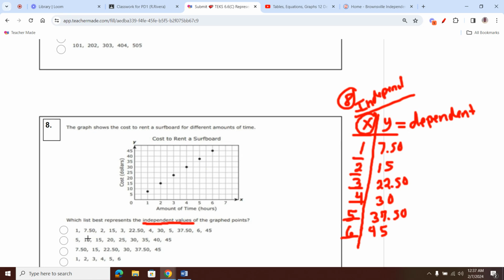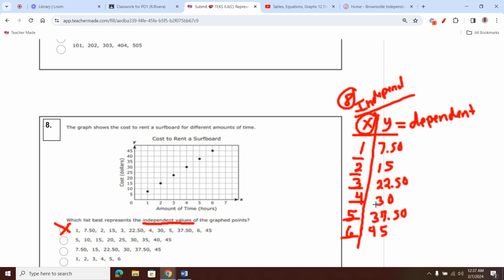So we look at this one. They have the 1, the 2, the 3, the 4, the 5, and the 6. But they messed up because they also put the 7.50. And the 7.50 is not independent. It will be dependent. That's why this choice is wrong. 5, 10, 15, 20, 25, 30. That's not even here.